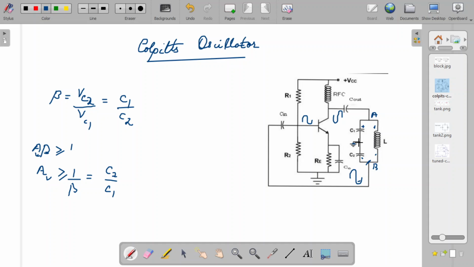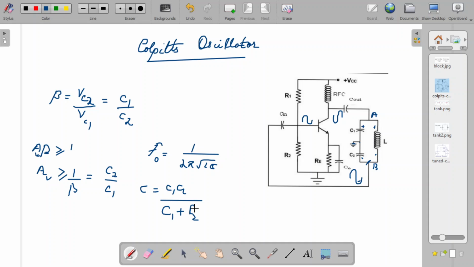Now about the frequency of the oscillations produced. As in the case of an LC oscillator, frequency is 1 by 2 pi root of LC. L is the inductance of this coil, and C is the effective capacitance. As you can see, two capacitors are connected in series, so the effective capacitance is equal to C1 C2 divided by C1 plus C2.